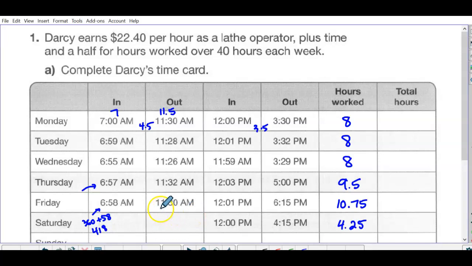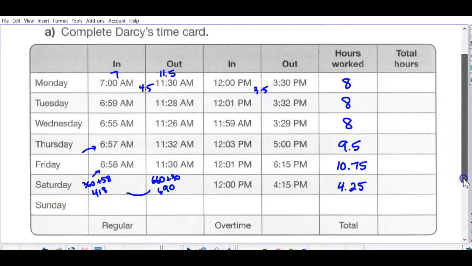This would be 11 times 60, so 660 plus 30 is 690, and then you could subtract them, get the minutes, but then you'd have to convert back to hours. All of these are going to be very close to a whole hour or half hour or even a quarter. And then adding nothing on Sunday, so add these up.